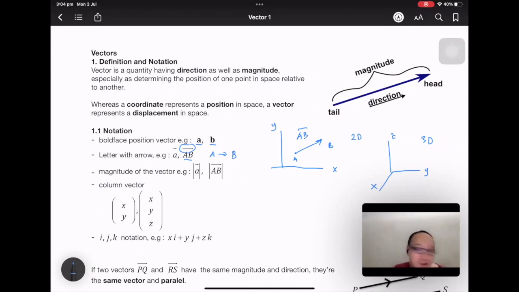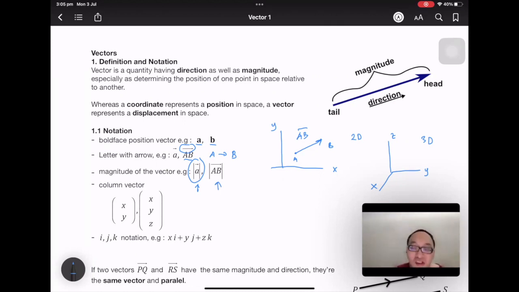And then, how about the magnitude of a vector? The magnitude of a vector can be expressed with an absolute value sign. So we can have the magnitude of vector a, or the magnitude of vector AB. What is the magnitude?